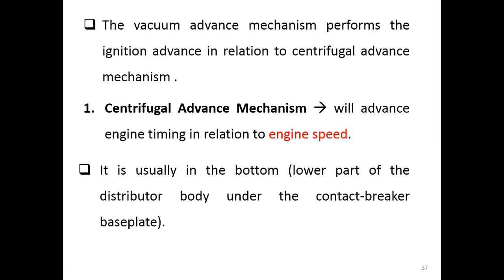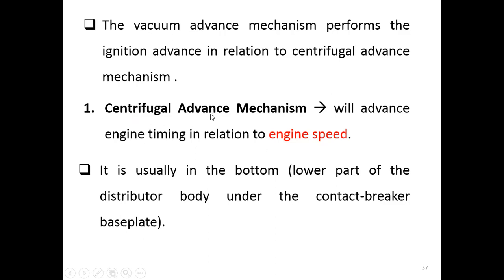Right? So the centrifugal advance mechanism will provide one certain ignition advance, and this vacuum advance mechanism will top up another further ignition advance timing. So that's why they work together. Okay. The first one, let's look at the first one.